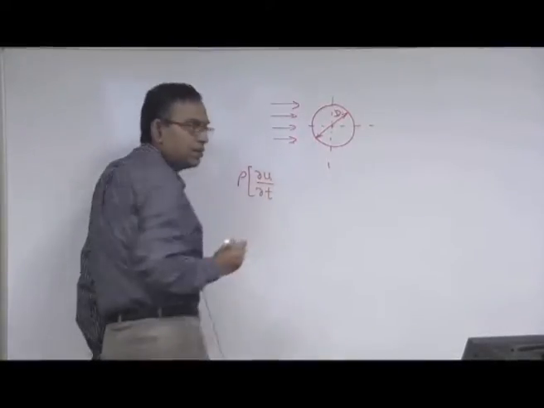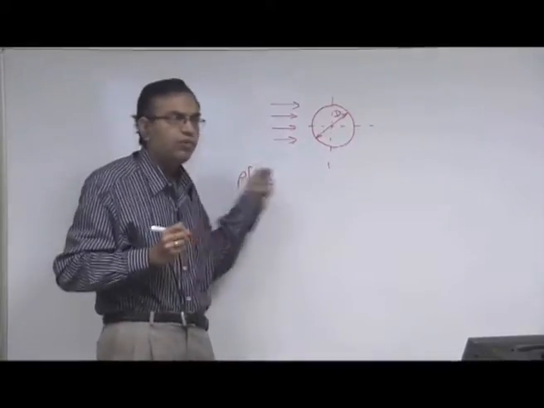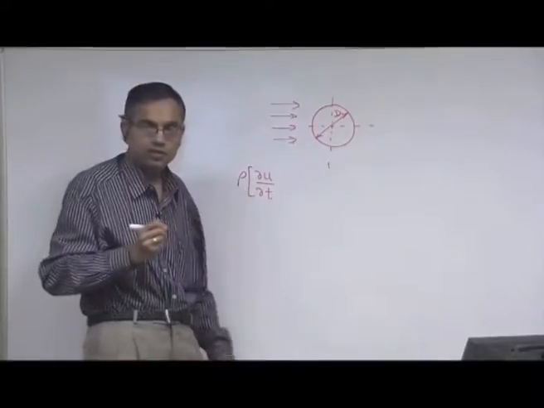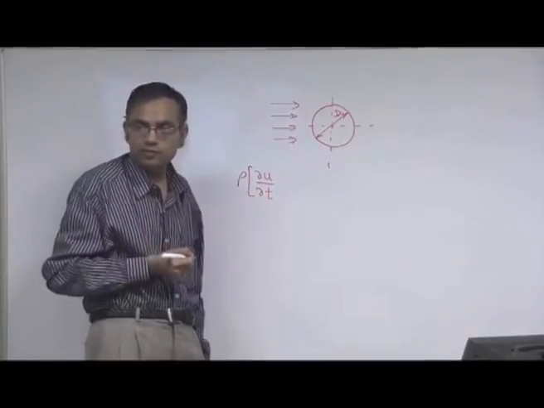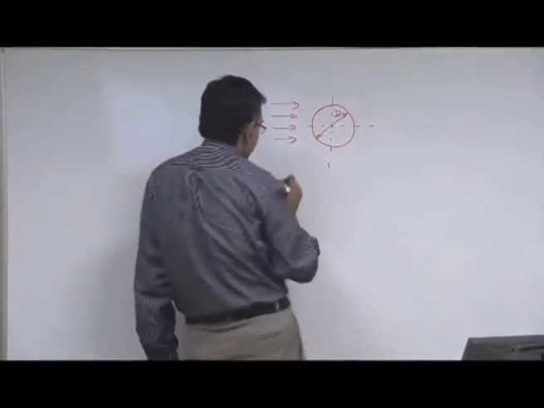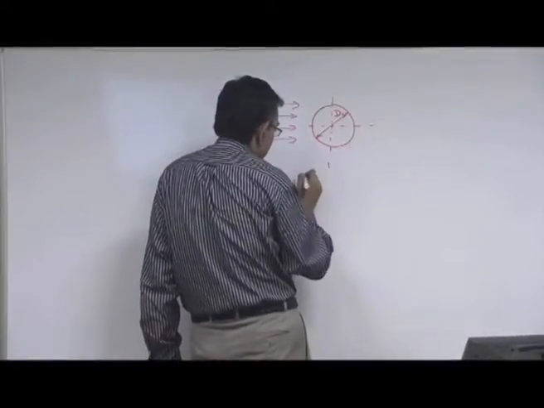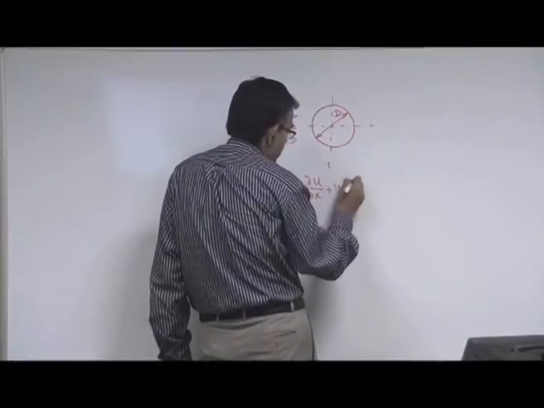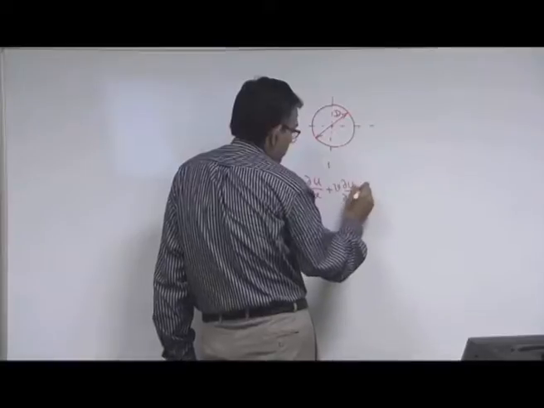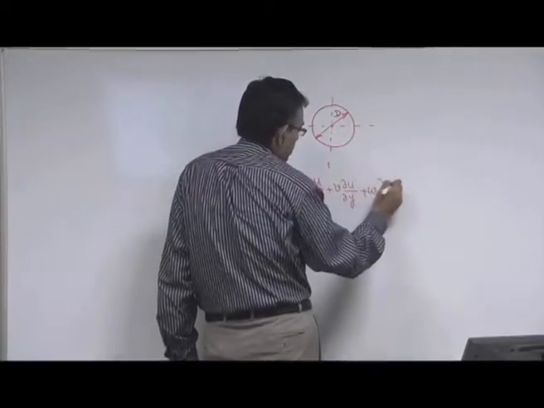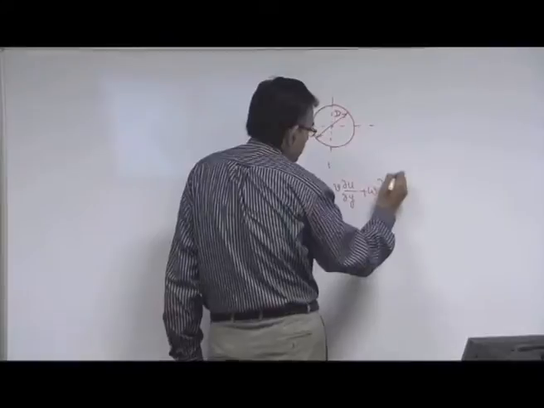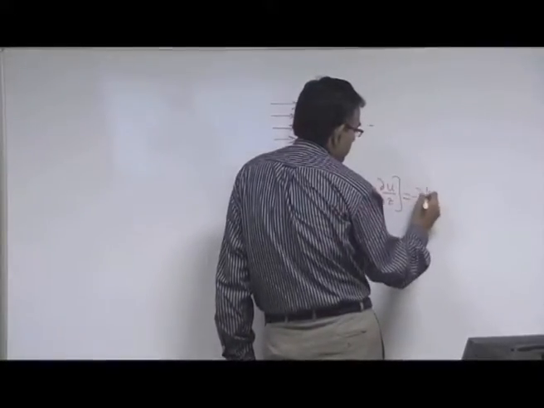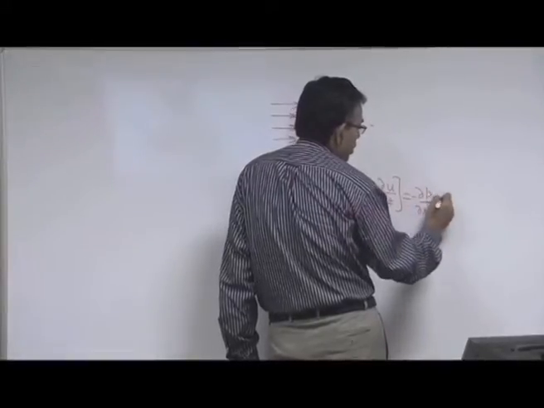Although it is low Reynolds number, I am still writing the full form just to give you the form of the Navier-Stokes equation in vector notation. We are considering incompressible flow.